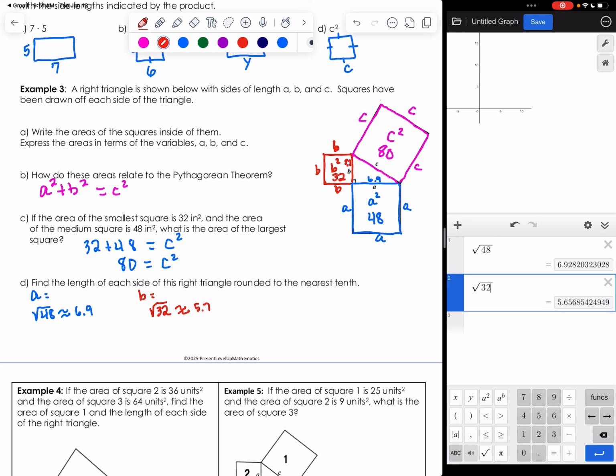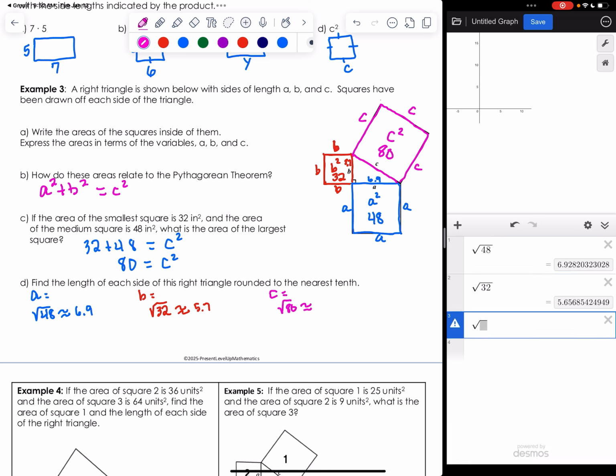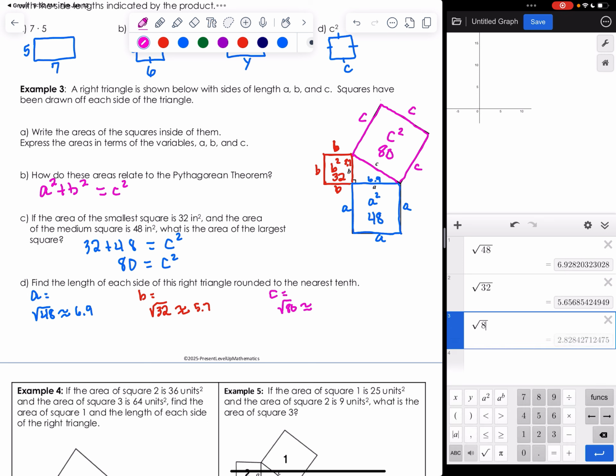Now to get my hypotenuse, I want to find the side length if the area is 80. So the square root of 80 would be approximately 8.9 units. So this side is approximately 8.9 units.